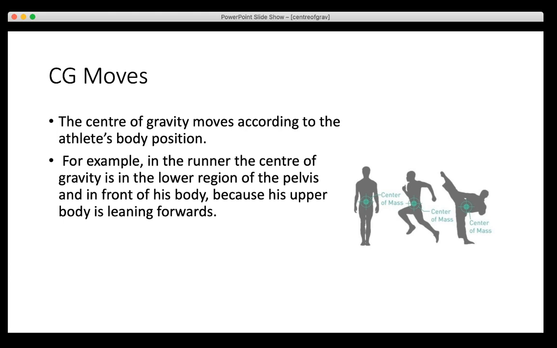To balance his body, to distribute his mass. He is leaning forward, and due to this movement his CG has lowered and moved forward a little bit. So the only idea on this slide is that CG is movable and it moves according to the type of motion you make, depending on your sport. So this is it.